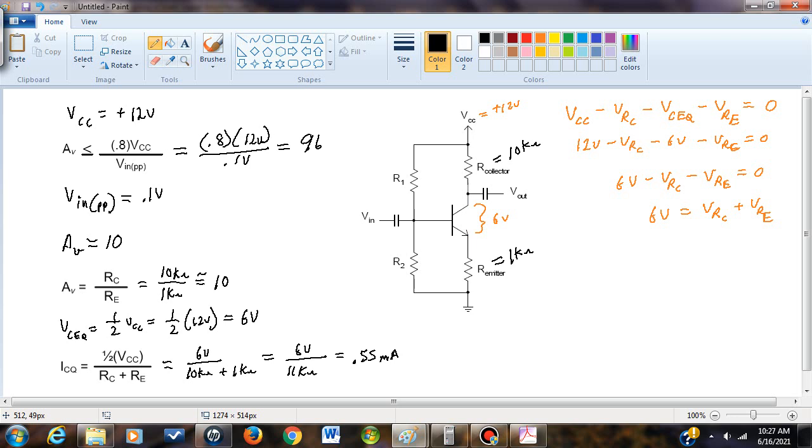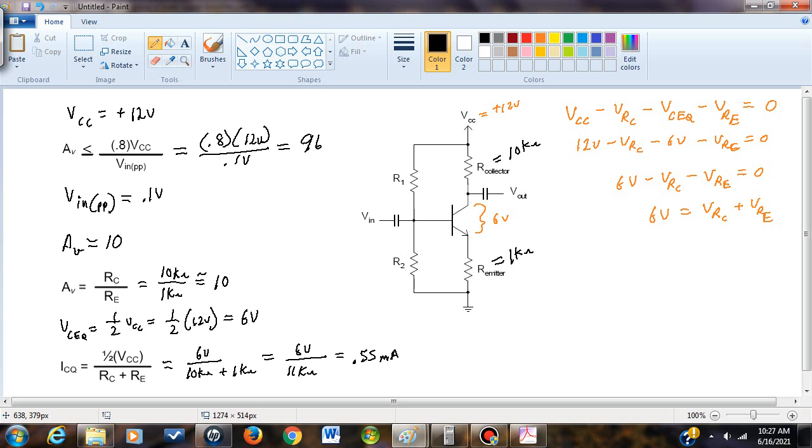We could drop that value lower, but unfortunately it's going to affect the input impedance of the amplifier in that it's going to load whatever the VIN signal is a bit more than what we would like. So one of the things that we should do then is to leave the RE value at 1K and just keep the ICQ value as it is right here. So I'm not going to change it. I'm going to leave it as is, and we'll go with that.